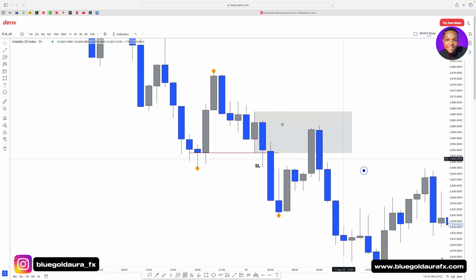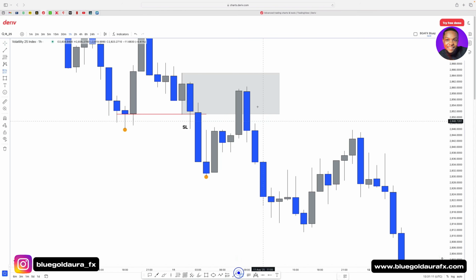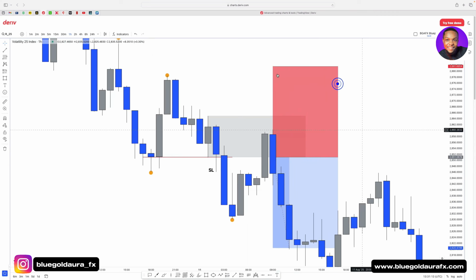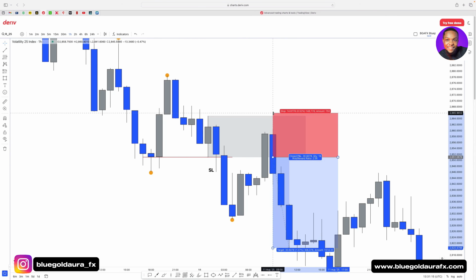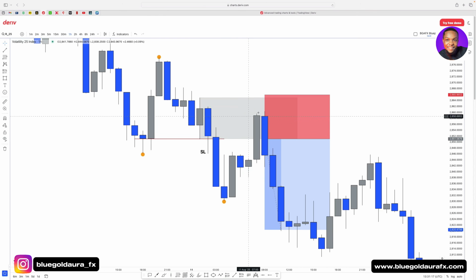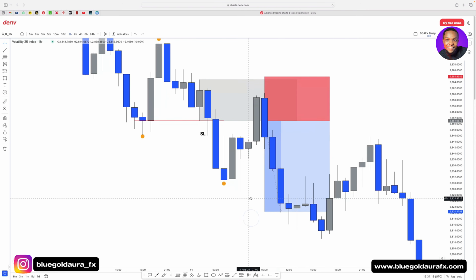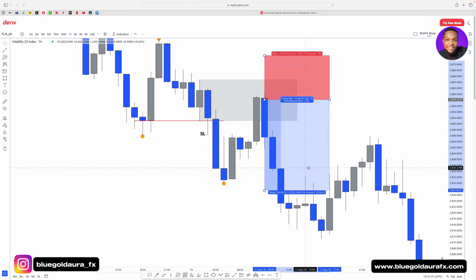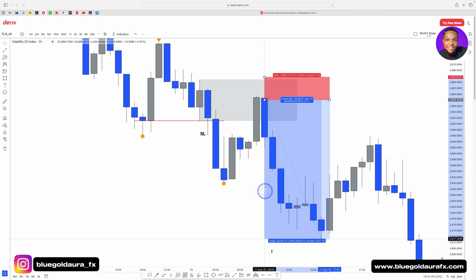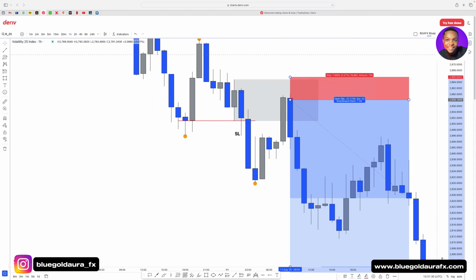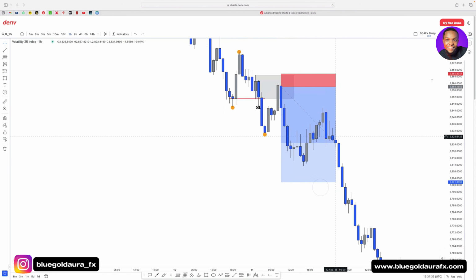And when you do that, you put your entry right there and your stop loss below, or you can enter within the zone, or you can scale down to lower time frames to refine the zone, like I always like to do. When that happens, we are selling, and simple, you take this trade, you hold all the way down.